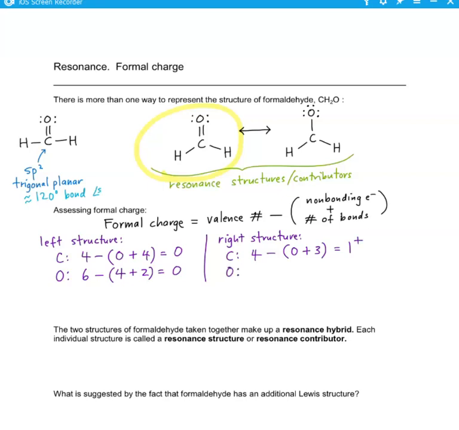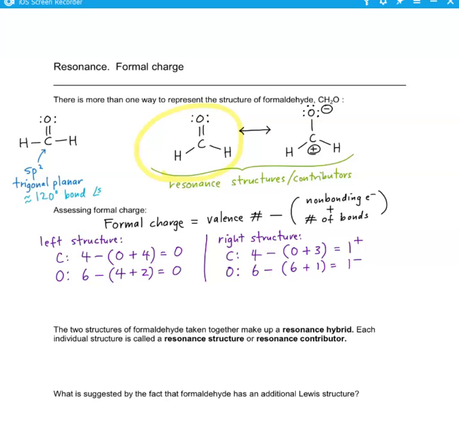And for the oxygen, valence number is still 6. We subtract off the number of non-bonding electrons. We have 3 lone pairs, so there's 6 of them. And the number of bonds, there's 1 bond. So the formal charge on the oxygen is -1. So now we can put those symbols on the structure. So we'll put a plus next to the carbon and a minus next to the oxygen. So now the structures are complete.